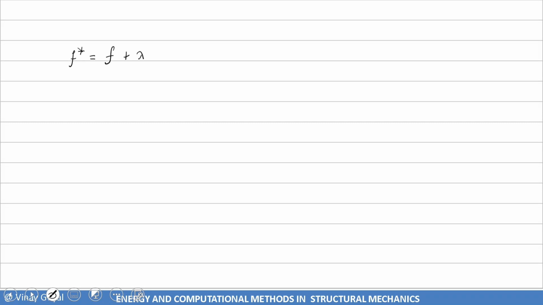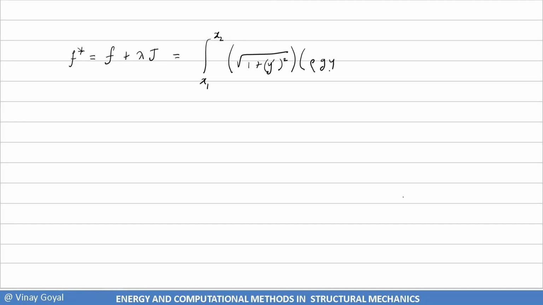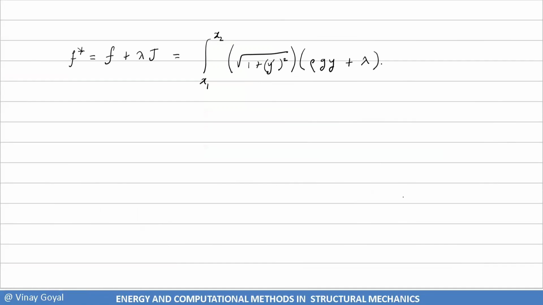f star is equal to f plus lambda j, and so that's really the integral from x1 to x2, and I'll substitute f and j. You can see the square root of 1 plus y prime squared can be factored out, so I get whatever f is, which I know is these terms right here, rho g y, plus lambda, which got multiplied with j. So this is what I got, and this is times dx.